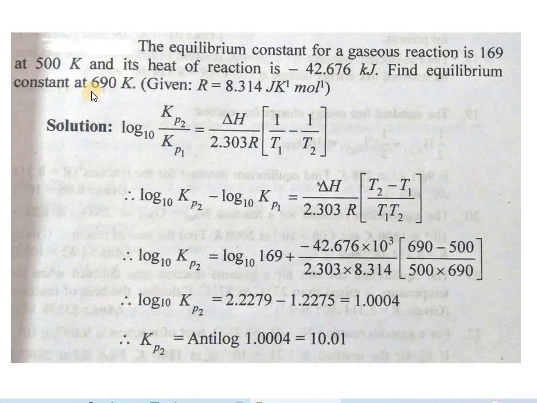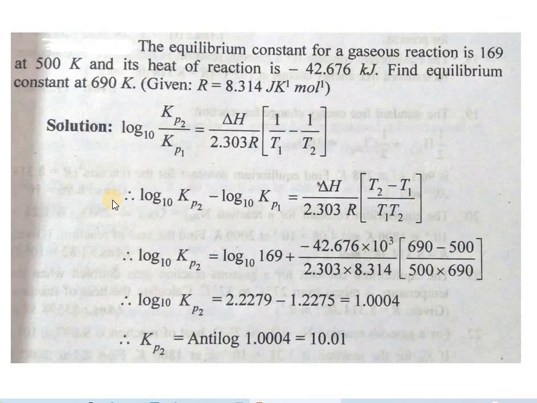So by using this formula, log to the base 10 Kp2 by Kp1 is equal to delta H by 2.303 R into 1 upon T1 minus 1 upon T2.